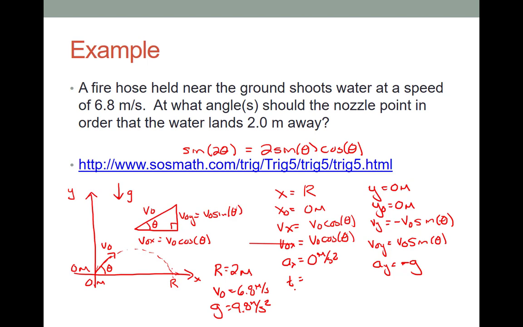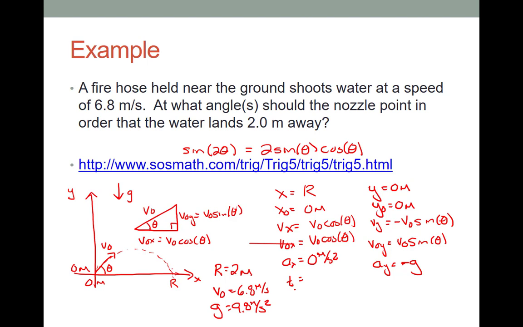Okay, well, I need to find angle, and angle's not something that I'm really familiar with finding usually. Usually that's a number that's given. So instead, in order to figure out a way through this, think about the information you're provided. You're provided with a range. You know how far this water goes before it hits the ground.